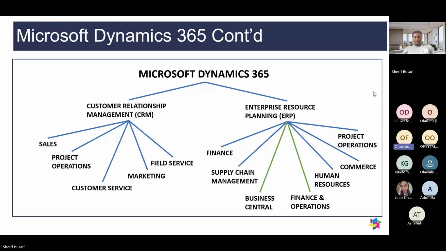So Dynamics is broken down into CRM and ERP. And then under Business Central, I noticed that there's also CRM. So what's the difference between the both of them? The first branch, the CRM, is broken down into sales and project operations, and then there's the CRM underneath Business Central. I don't know if you get my question.